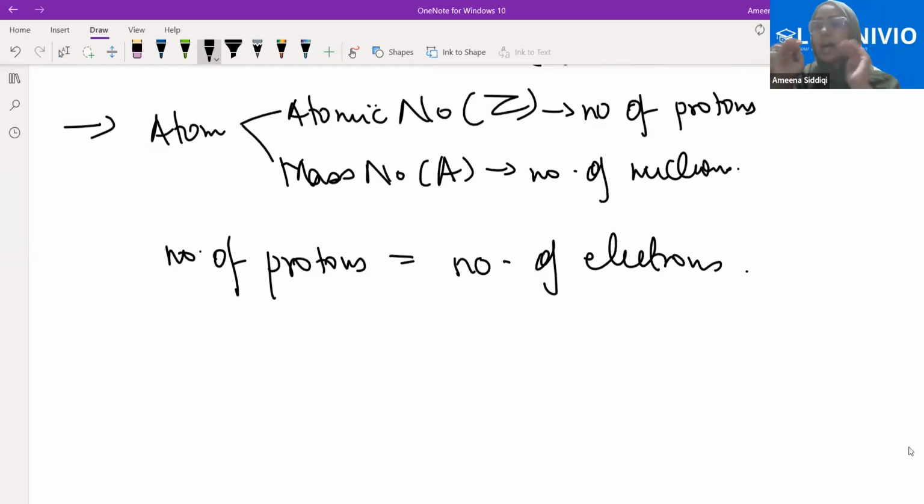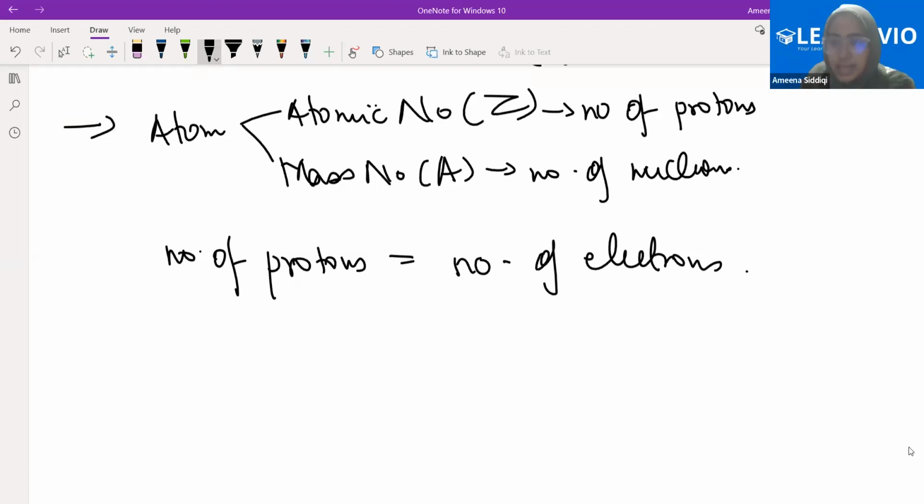Therefore, an atom is actually neutral overall. It might have some positive charges in the form of protons and some negative charges in the form of electrons, but overall it has to be neutral. And how will the atom be neutral? It should have an equal number of protons and electrons.